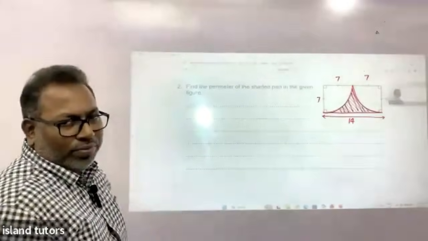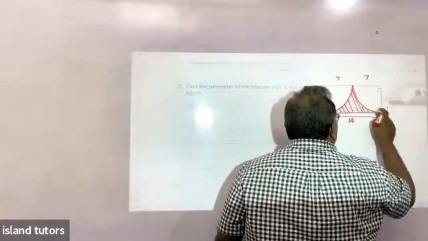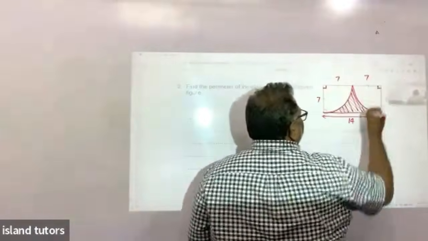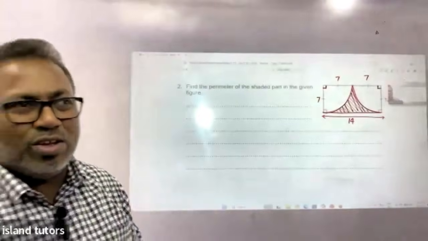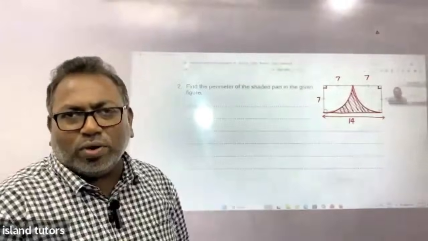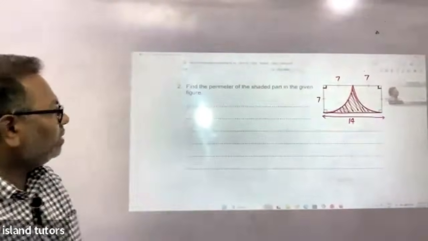Okay. Now what we have to do is find the arc length over here. You can see the central angles are both 90 degrees. So it's easy. You just calculate for one, and then multiply it by 2, and you get the arc length for both figures. Right.